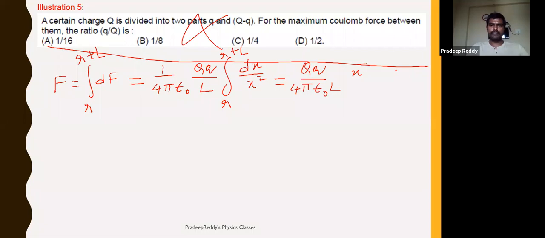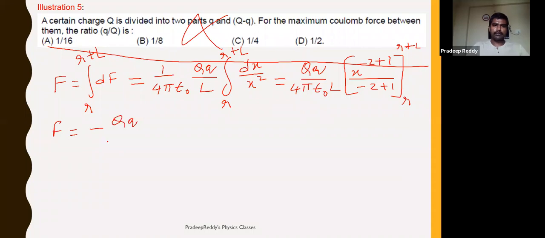Limits are from r to r plus capital L. So this is F is equal to minus capital Q small q divided by 4 pi epsilon naught L into, it is x power minus 1, that is 1 by x, limits from r to r plus capital L. Right?